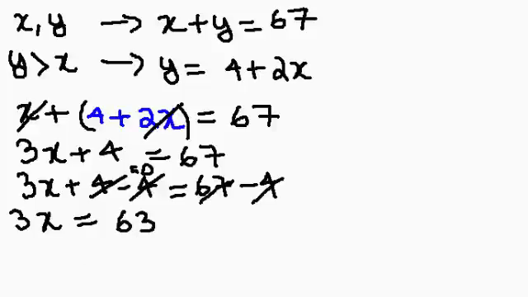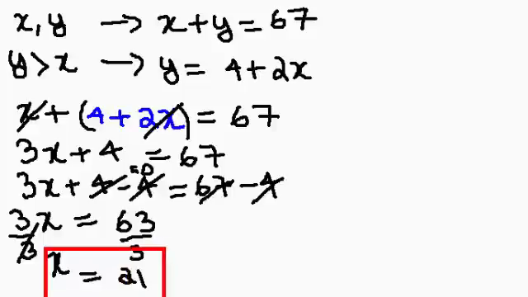And again, our goal is to solve for x, and we do that by dividing by 3 on both sides of the equation. And 3 divided by 3 is simply 1, or in other words, x is equal to 63 divided by 3, which is simply 21. So this gives us the answer to our first variable, that is x is equal to 21.